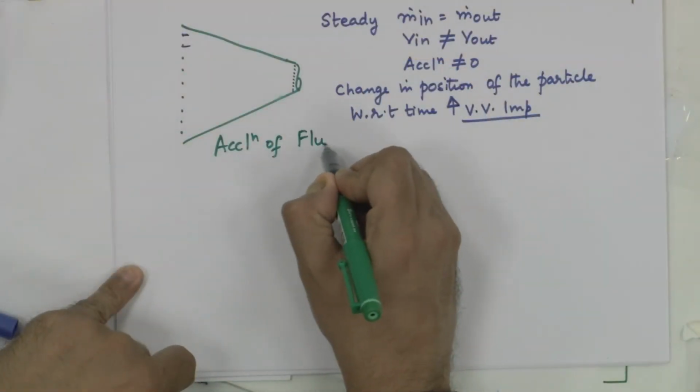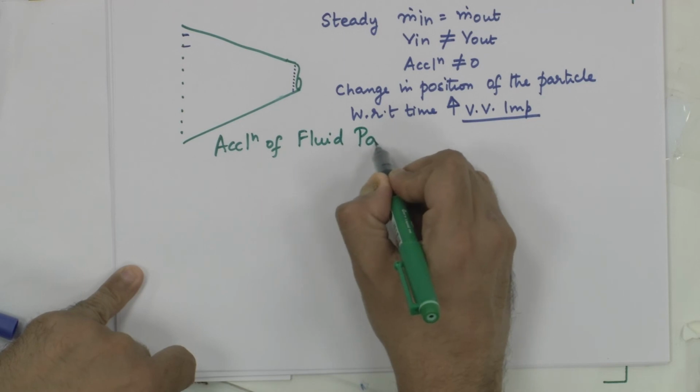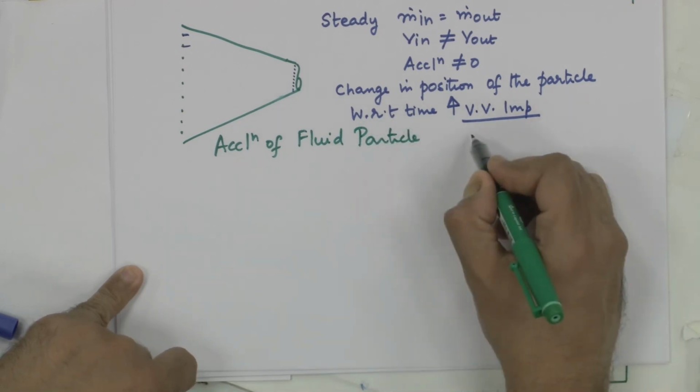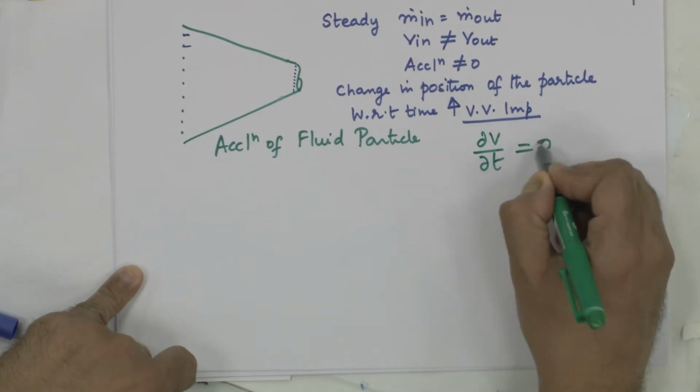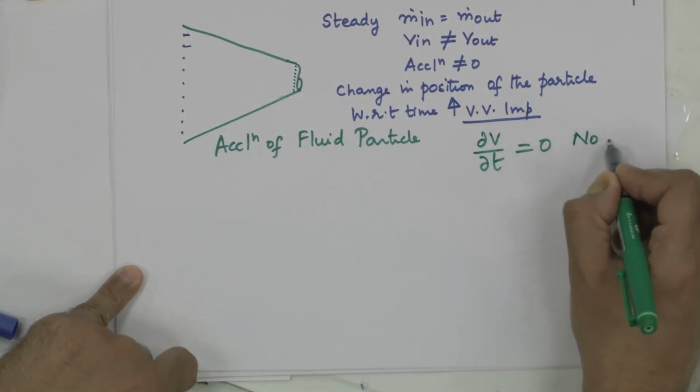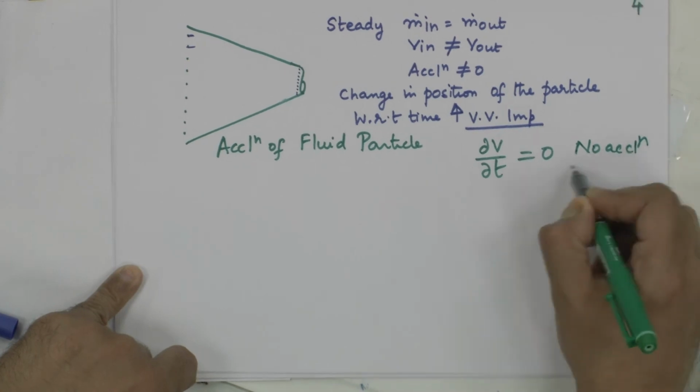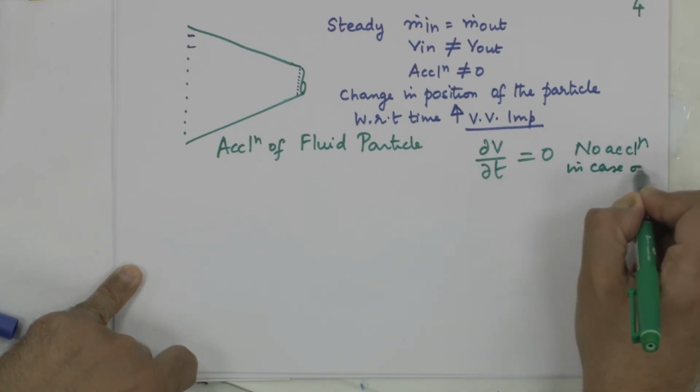You have what is called a fluid particle acceleration. Acceleration of a fluid particle, which is very different from acceleration of a solid. Acceleration of a solid, dv by dt equal to 0, no acceleration in case of solid.